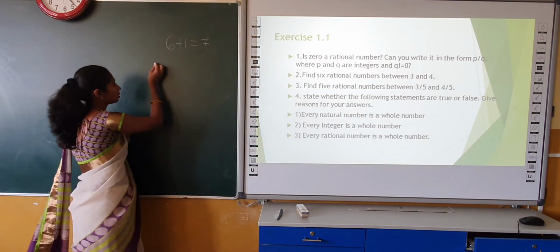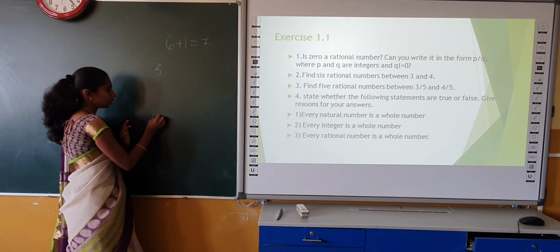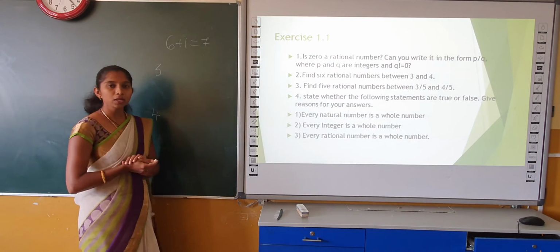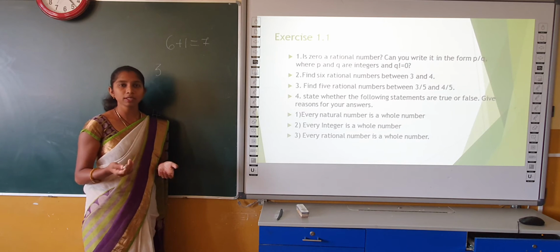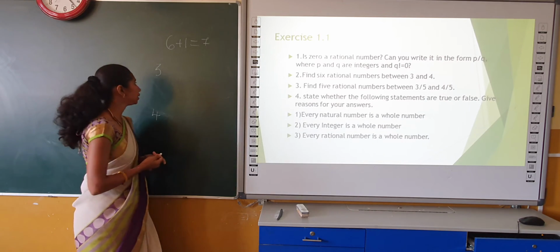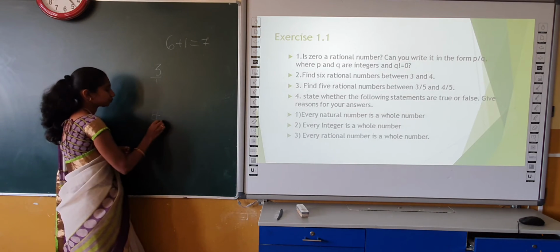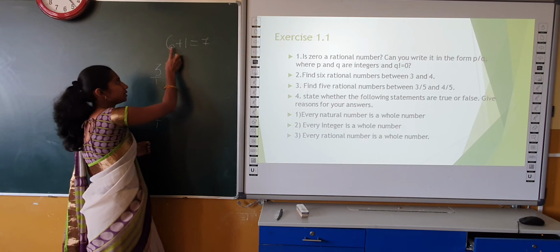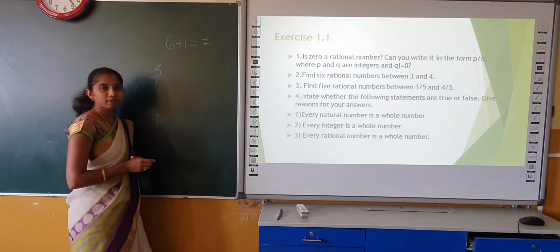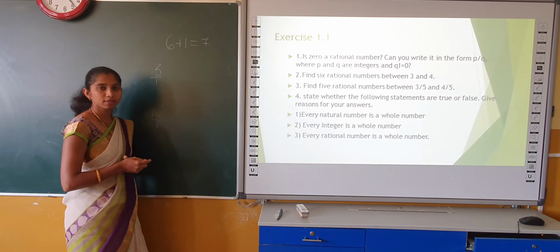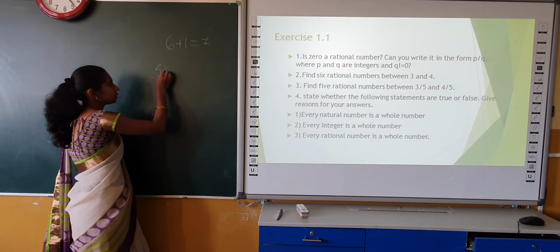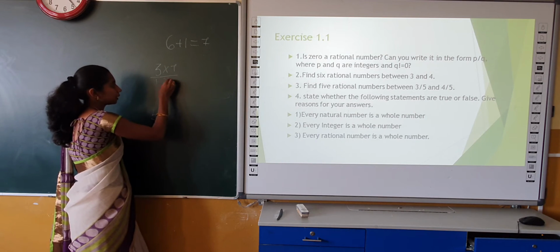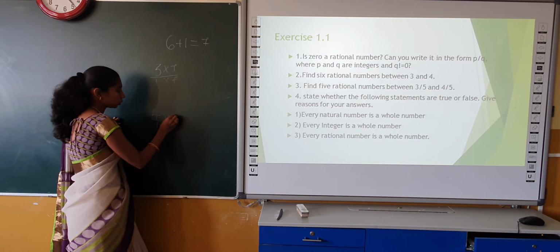Write down the number 3 here and the number 4 here. In these numbers, where the denominator is nothing, the denominator is 1. After adding 6 plus 1, you got 7. Just multiply 7 for both numerator and denominator of both the numbers.